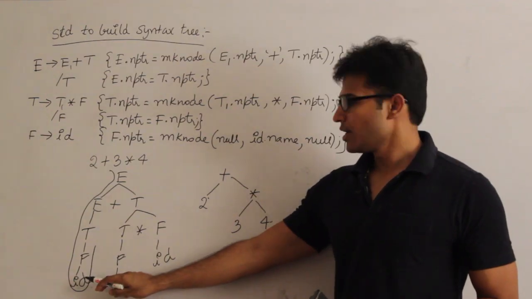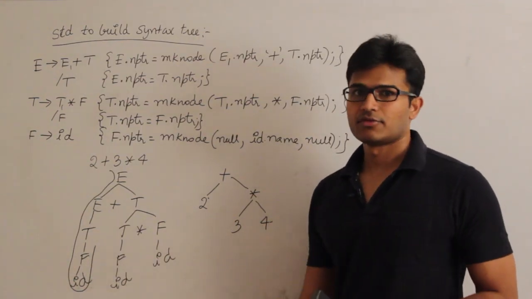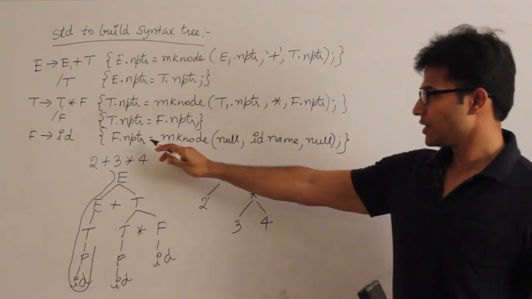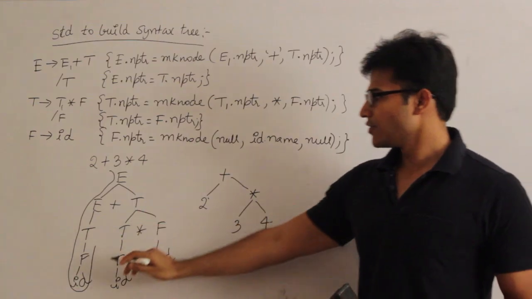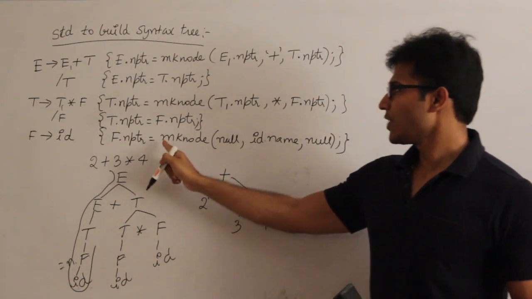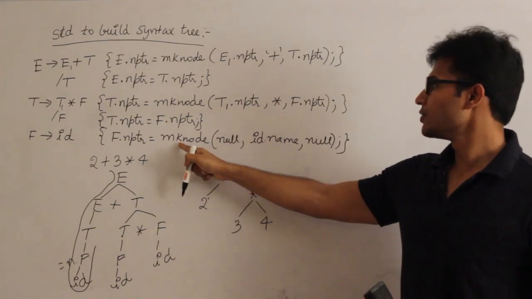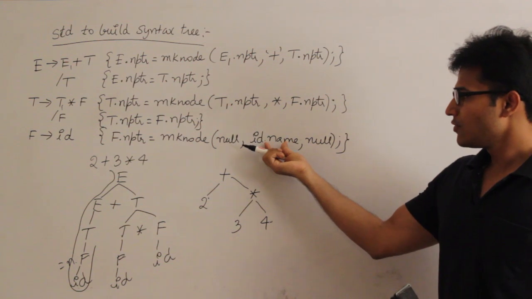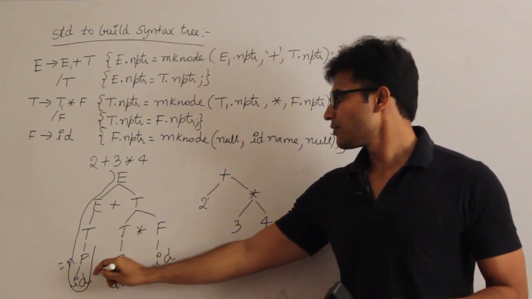What is the reduction? id is reduced to F, right? When id is reduced to F, what is the associated action? F.nptr, which means F will have a value nptr, and some value will be written into it. What will that value be? We are going to create a node, and the value of the node will be the lexical value of this.